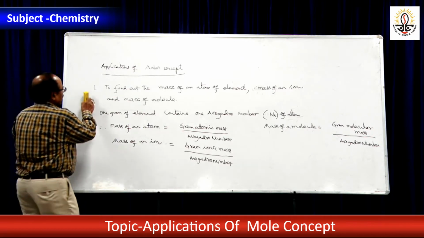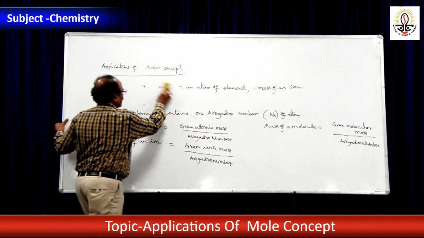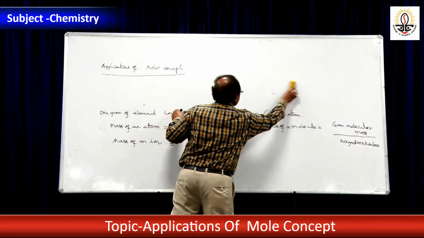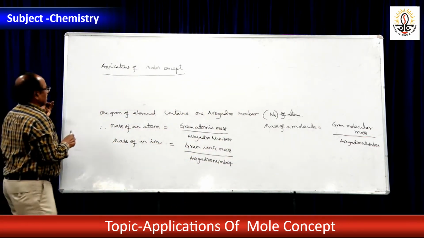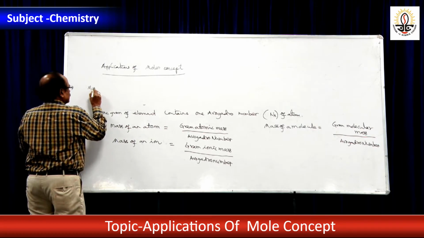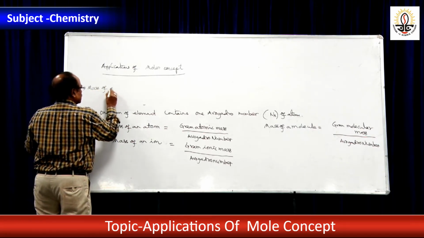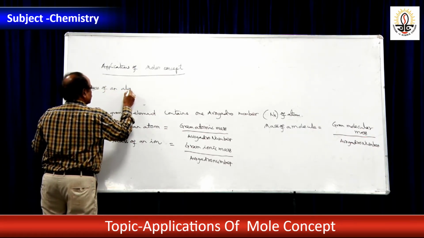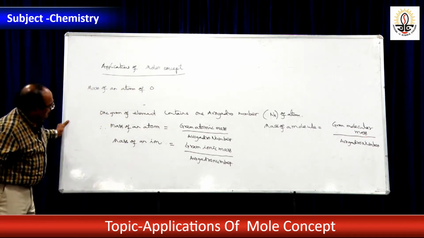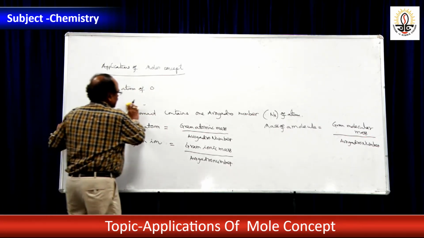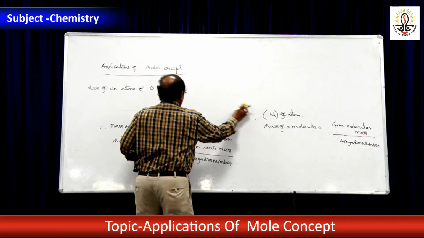So now I will take one example and explain it here. Let me calculate mass of an atom of oxygen. We know the atomic mass of oxygen is 16 AMU.